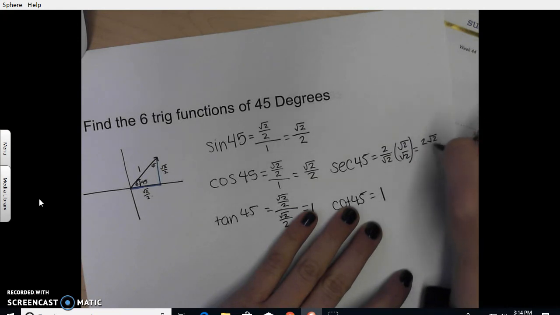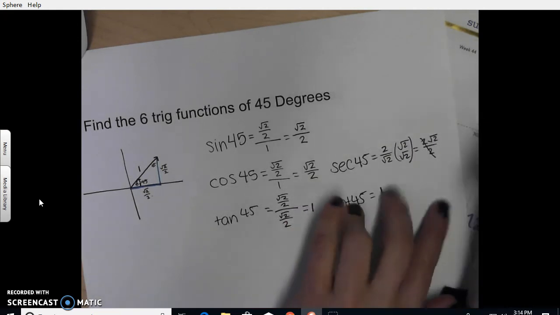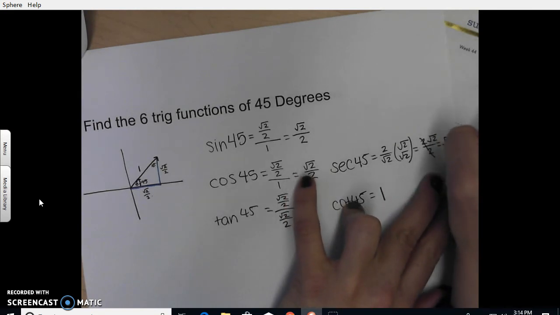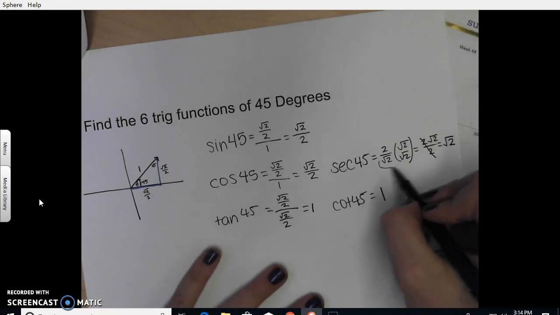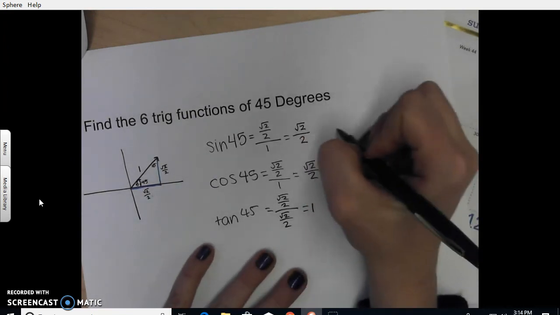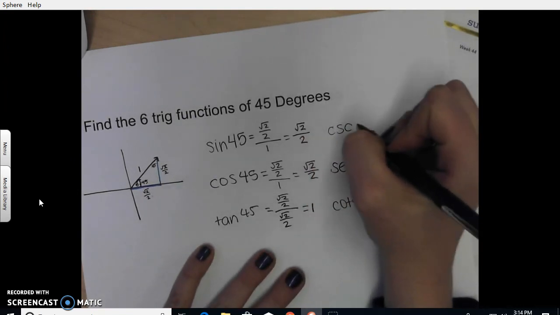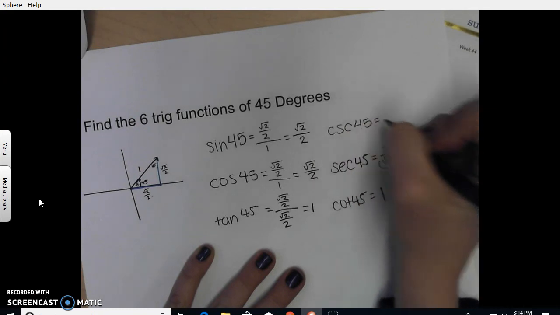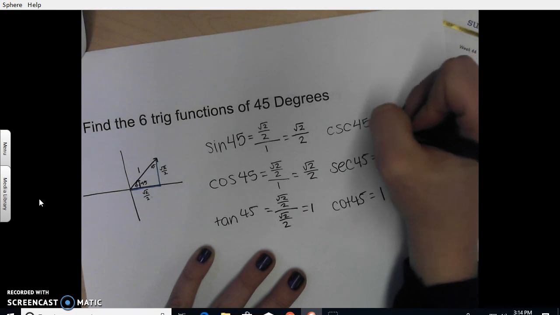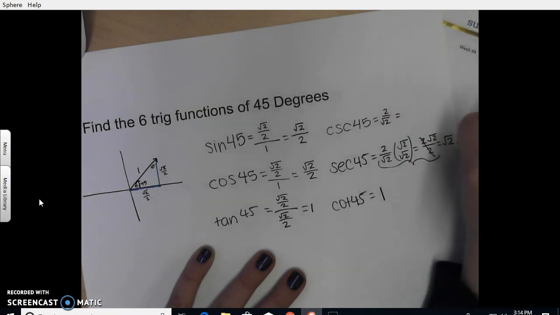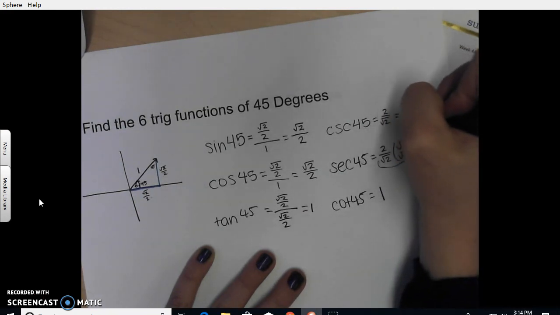I get 2 root 2 over 2. The 2's reduced to 1, and I'm left with root 2. And I don't need to do all of this math again because I know that the cosecant of 45 degrees is going to be the reciprocal of sine, which is 2 over root 2, which is equal to root 2.